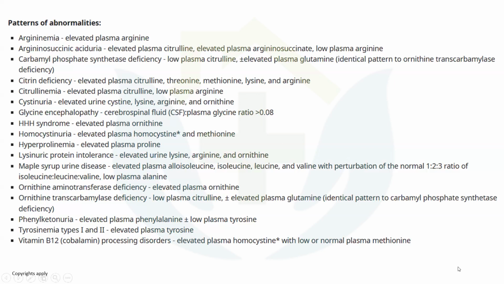Based on that, the metabolite will be high in the plasma, and that is how you detect the defect of this disease, or you can even detect the enzyme deficiency itself, through the metabolites or through the enzyme. So these are some patterns of abnormalities I am sharing, that is what you will get in these cases.